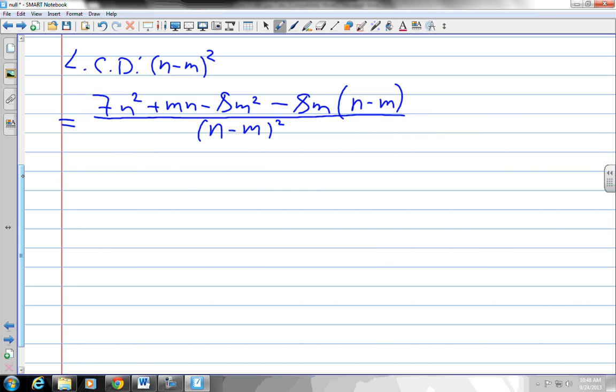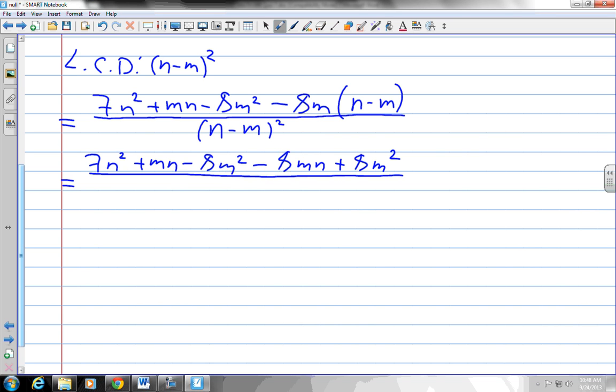Haven't done anything else. At this point, I'm going to open up all the parentheses, combine like terms, and see what that takes me. There's only really one parenthesis to open. So I'm going to distribute negative 8m, which gives me negative 8mn plus 8m squared, all over n minus m squared.